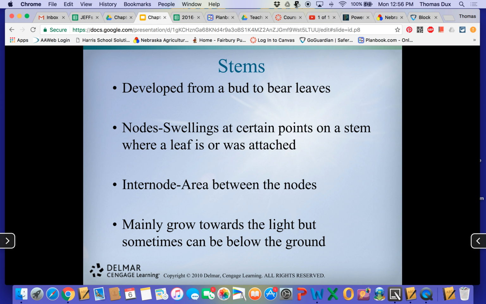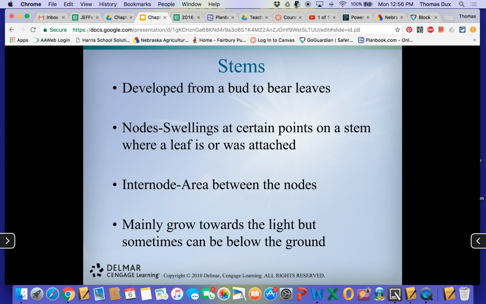Okay, take this here. This would be a stem, and we'll look at the anatomy of the stem right here. The first part of your notes will be more of the roots, and then this is the stem.